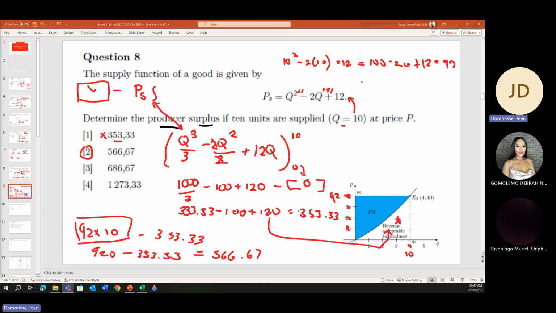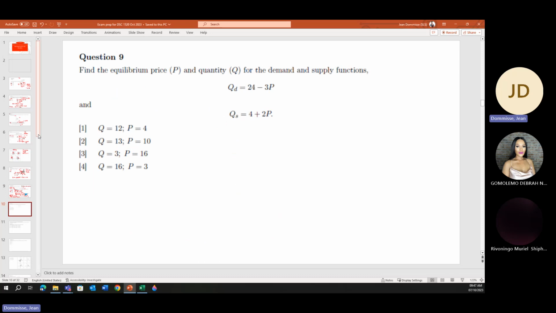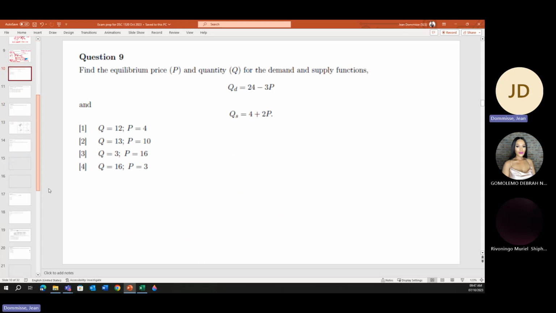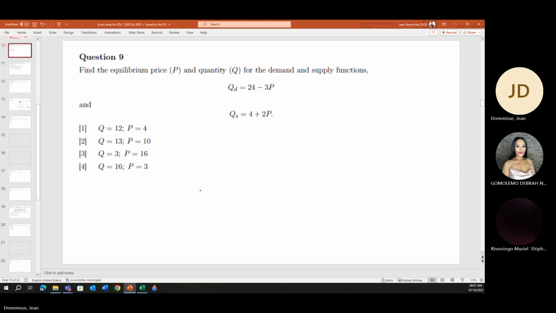Okay, so next question, now suddenly we go back to equilibrium, and in here again, they tell us to find the equilibrium price and quantity for demand and supply. None of the options are duplicated.